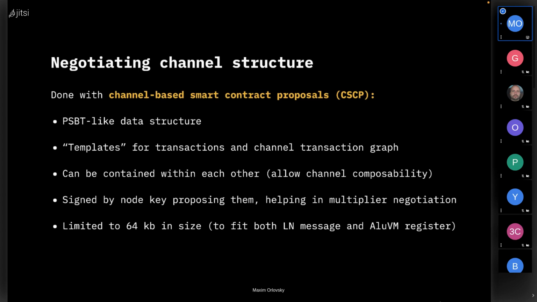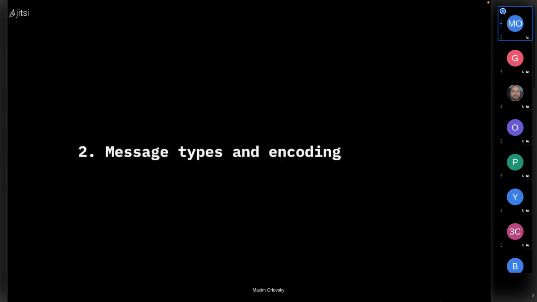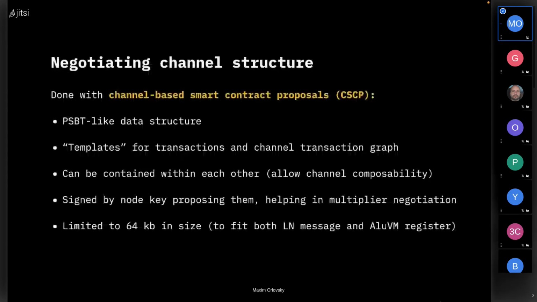So 64 kilobytes is pretty much reasonable. And this requirement comes from the fact that this structure has to fit Lightning message size limits and also Alluvium registers, which I will be talking more about a bit later, how Alluvium is related to Bifrost. So that's all about the way we abstract the specific channel structure out of the communication protocol.